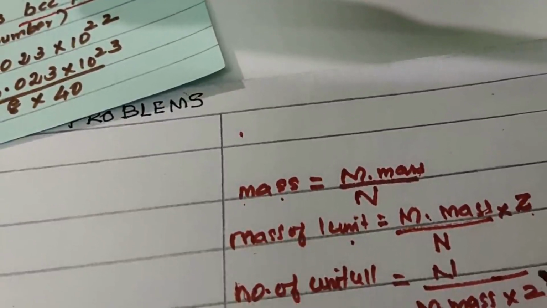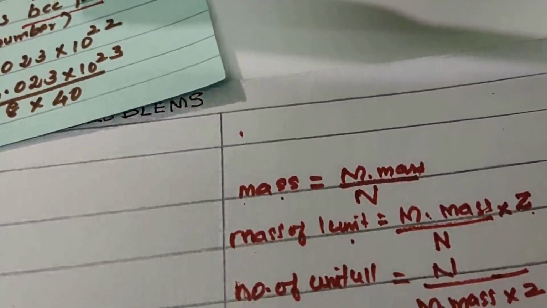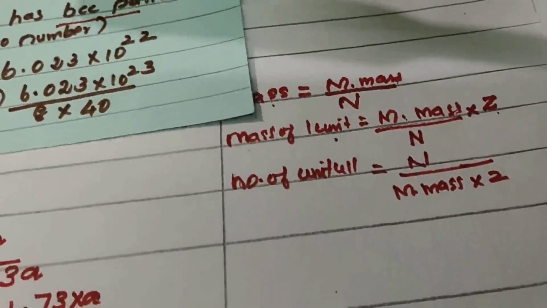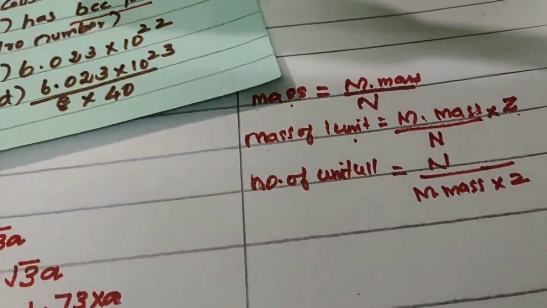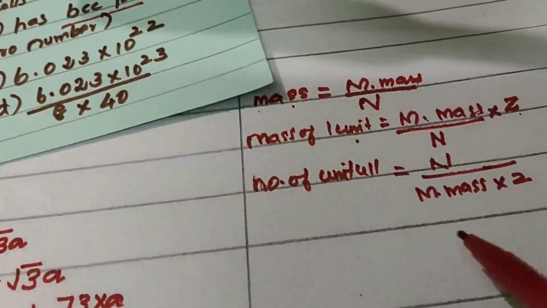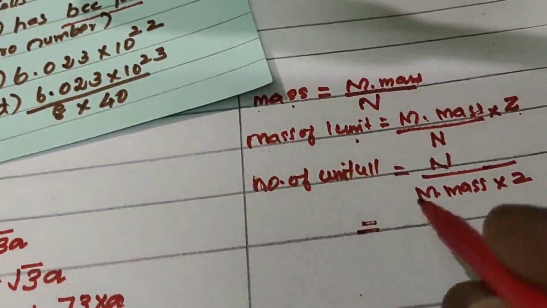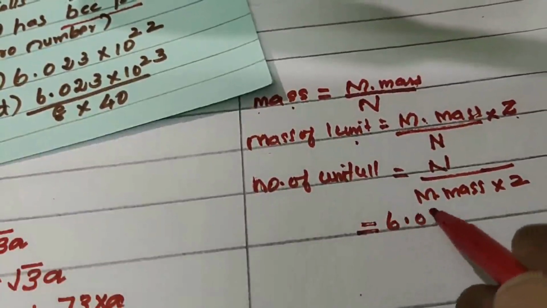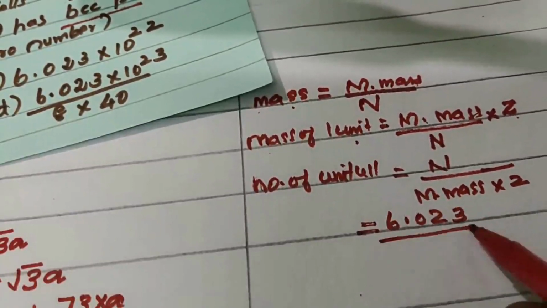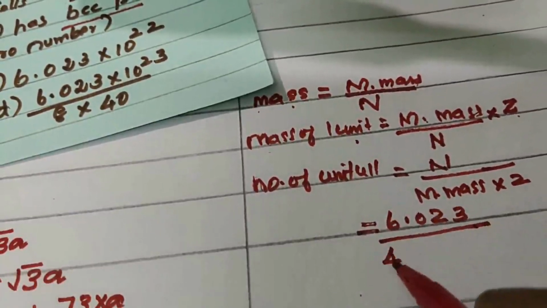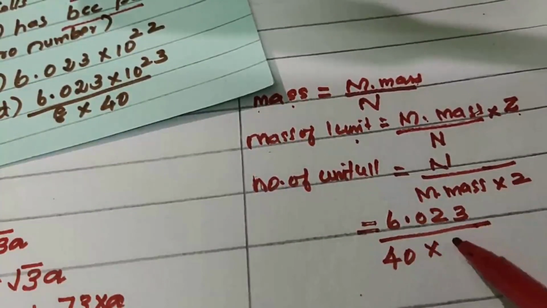So what is the 2? 2 means it is a BCC crystal. Since it is a BCC crystal, the value of Z is equal to 2. Then N, 6.023 divided by molecular mass, which is given as 40, into the number of atoms per unit cell, 2.